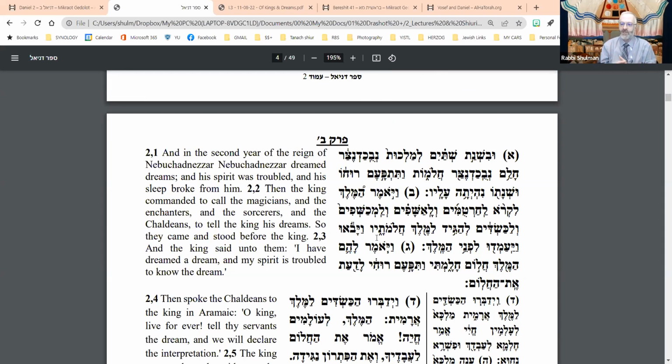The story is strikingly parallel to the story of Yosef. Even the language is very parallel to the story of Yosef, and we're going to talk about that parallel in a little bit.